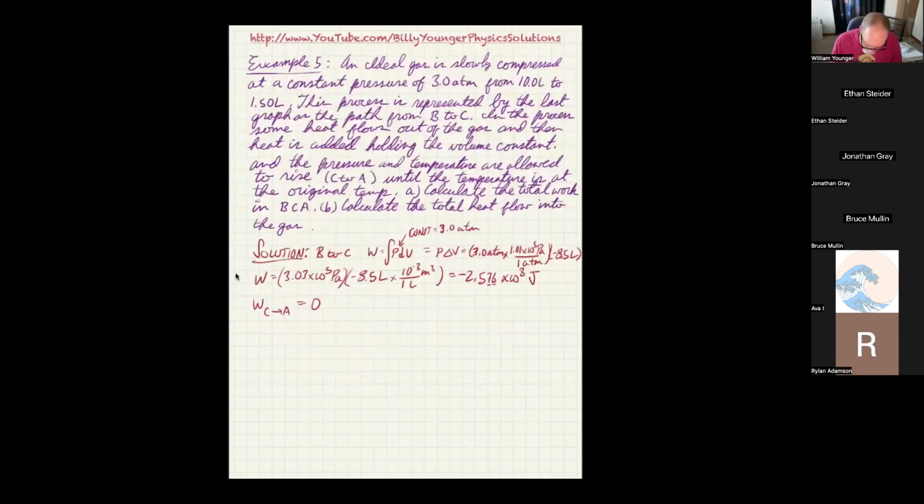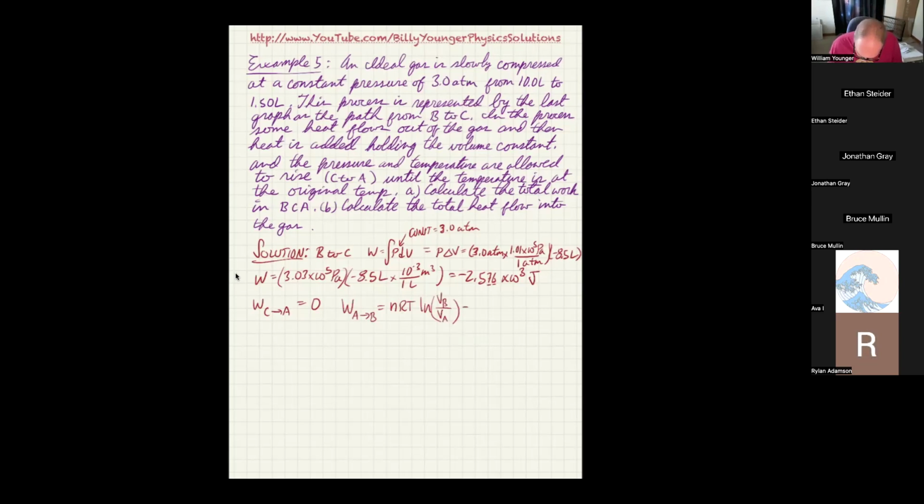So I can say work from A to B is equal to nRT natural log VB over VA. Now, what we saw is that was the actual expansion, where we went from the volume at A, which was 1.5 liters, to the volume of 10. So we went from 1.5 to 10.